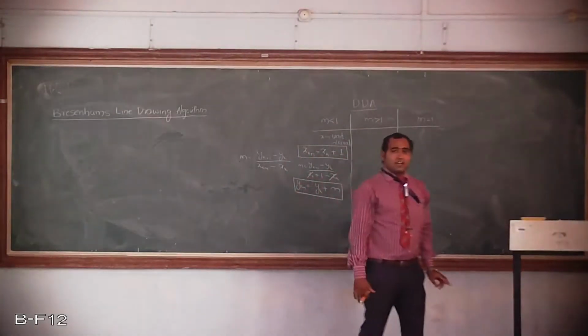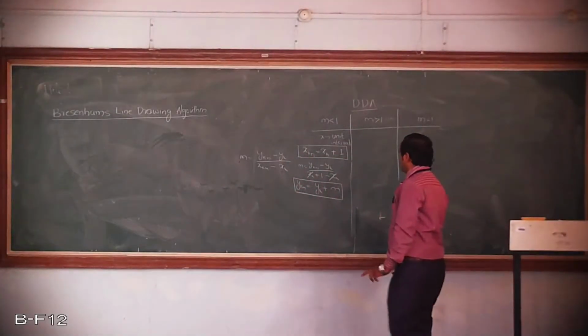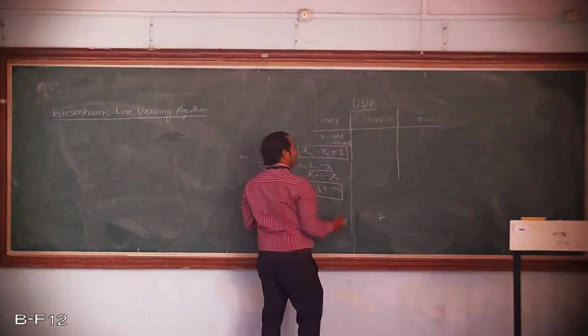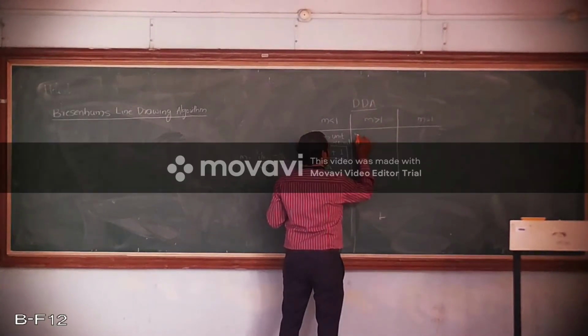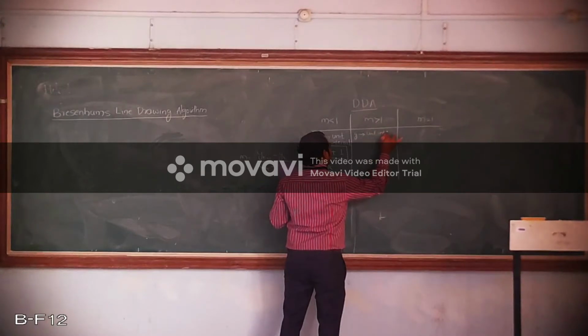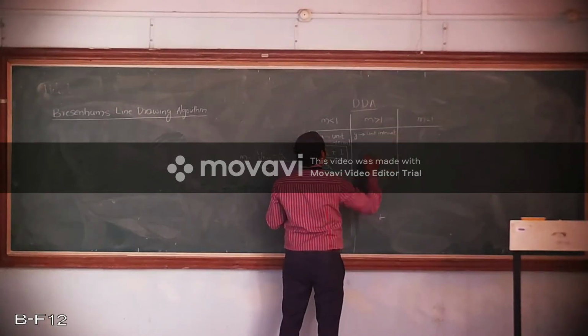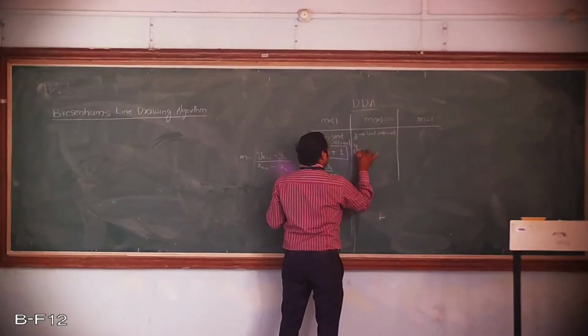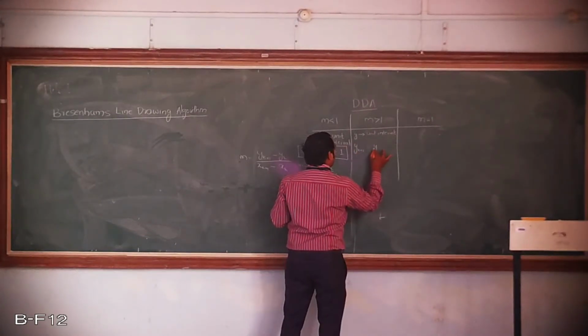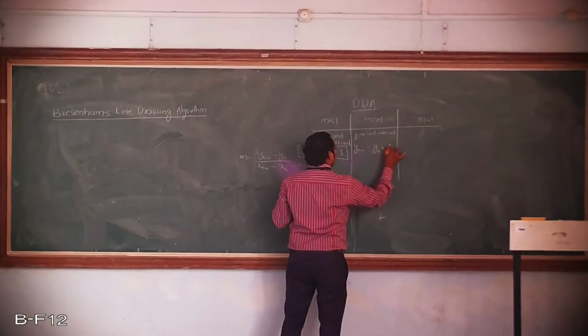In the same way we derived the formulas for slope greater than 1. In this case, y was moving with unit intervals. Therefore, the next y coordinate yk plus 1 was the previous y coordinate plus 1.